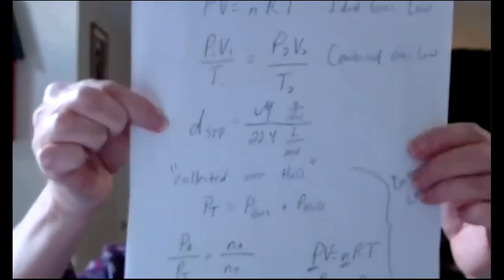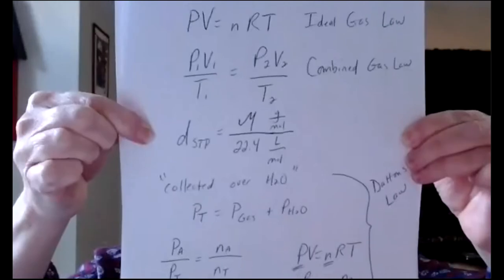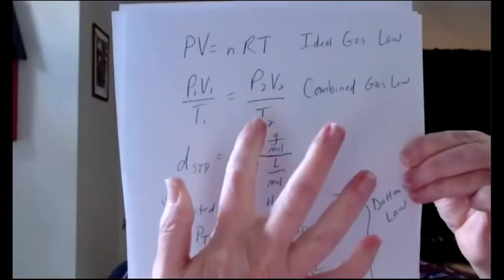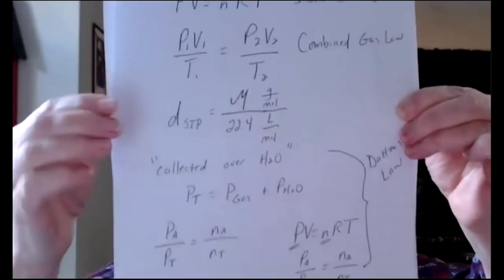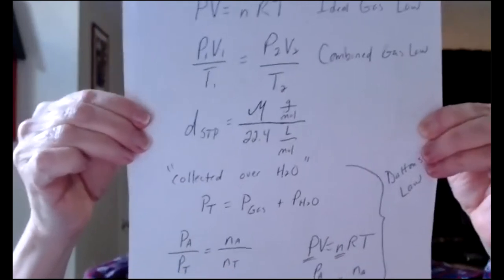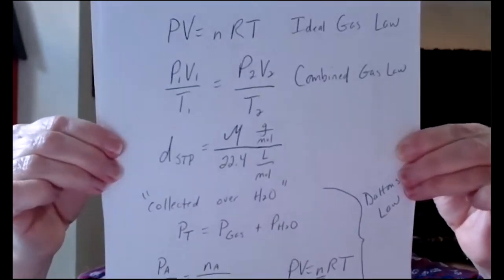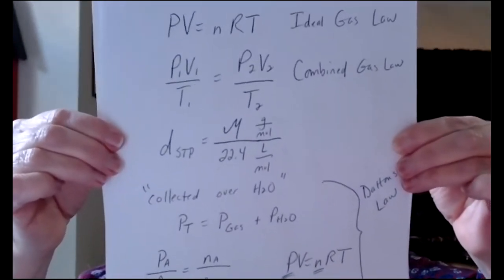Any gas density at STP is the molar mass, on this one sulfur trioxide, divided by 22.4. That's the formula you use.